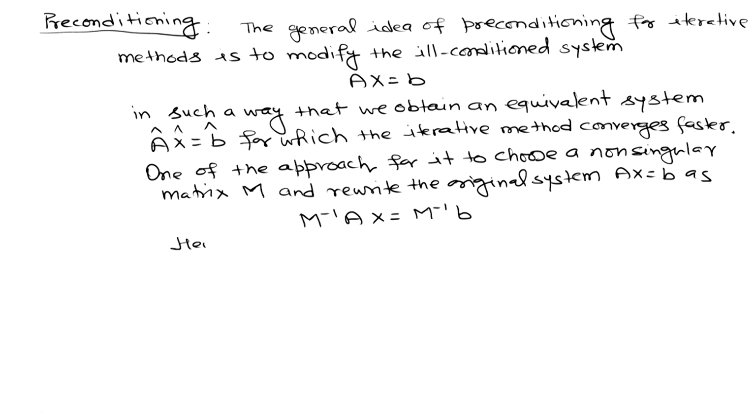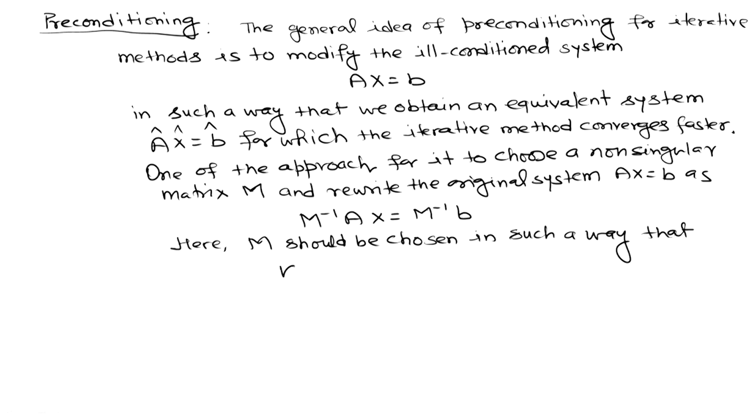Here M should be chosen in such a way that the condition number of M inverse A is much less than the condition number of A. In that way, the convergence of this modified system will be faster compared to the ill conditioned original system. So, this is the basic idea of preconditioning.